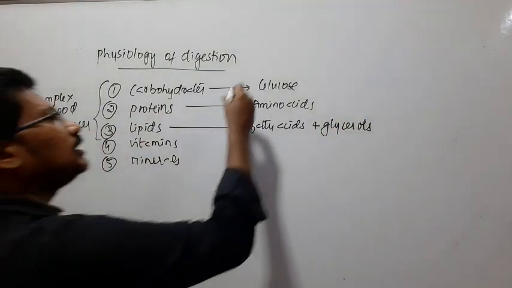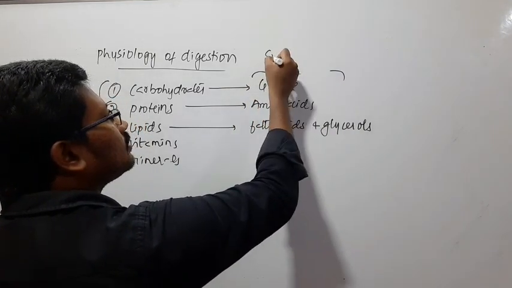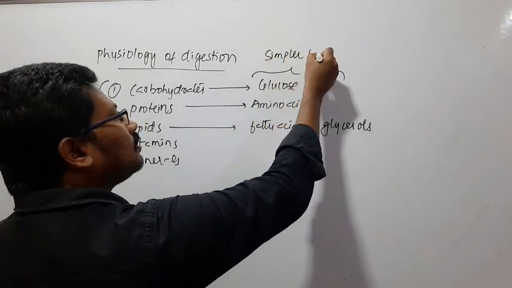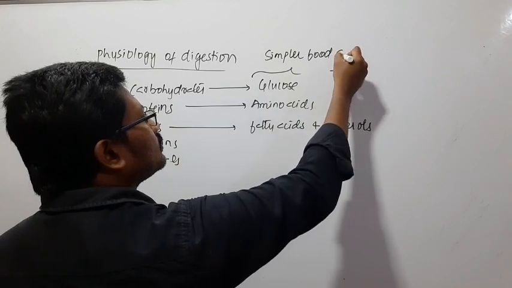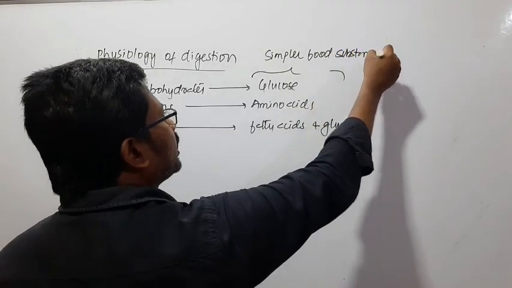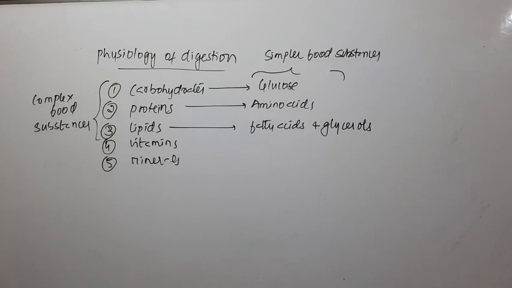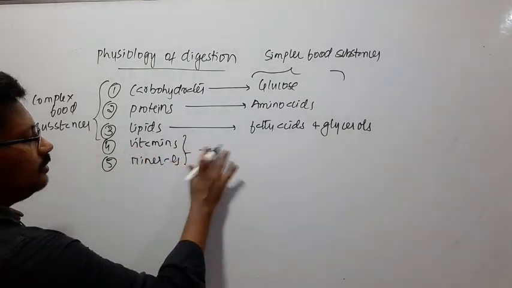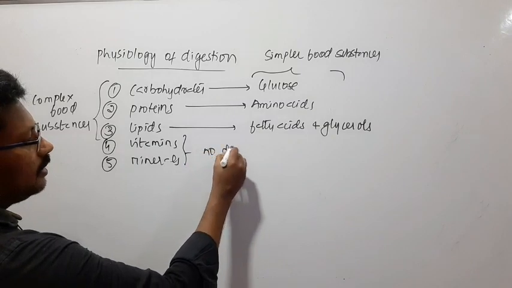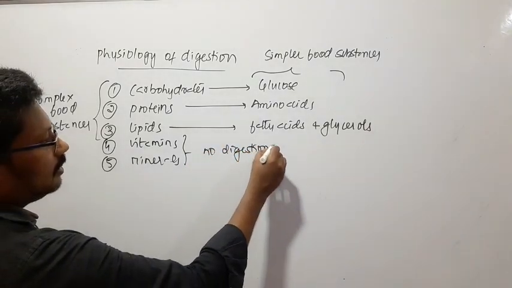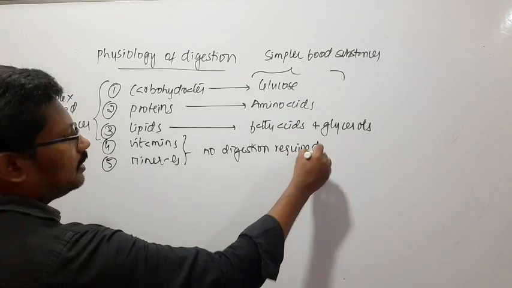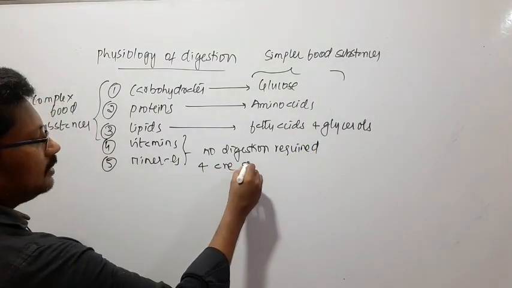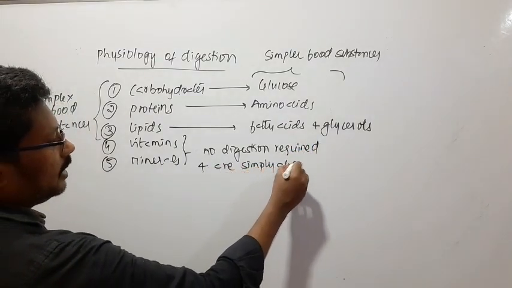These are the simpler food substances that can be easily absorbed by the blood circulation and carried to all cells in the body. As I said, vitamins and minerals require no digestion and are simply absorbed.